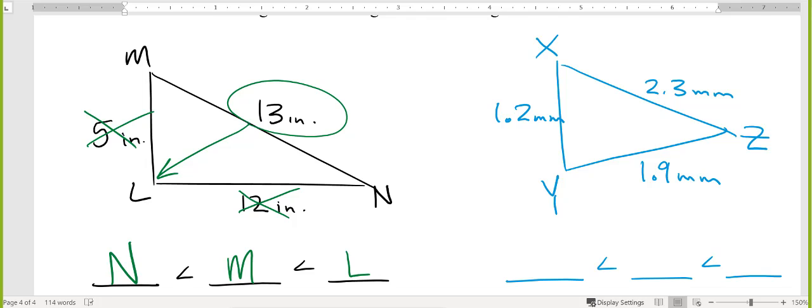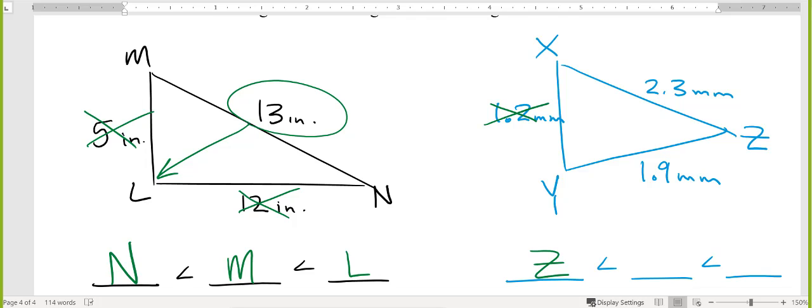Okay, one more time. We're going to go find the shortest side length. 1.2, 2.3, and 1.9. The smallest is 1.2. That side is opposite the smallest angle. So angle Z is the smallest angle. Now I'm going to cross out the 1.2. I've already used it.